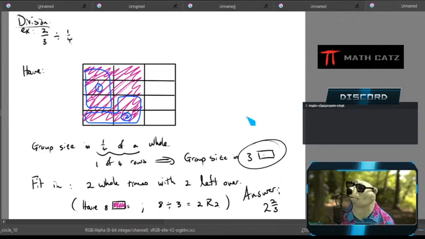Now in the case of division here, even with nice small fractions, the mixed number doesn't immediately show how to get these. I'll do the improper fraction, which is 8 over 3. And that then shows a little better where the behind the scenes calculation actually sits.